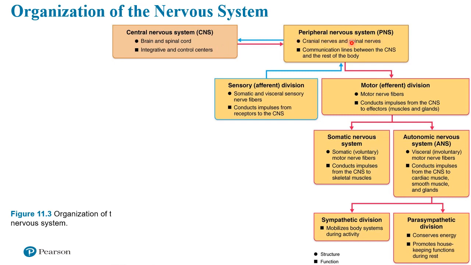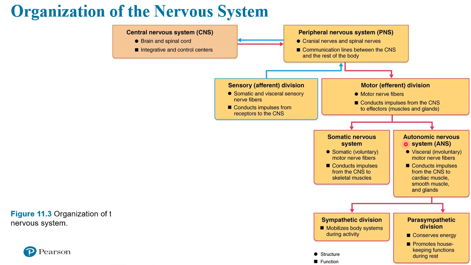And those are going to communicate the signals from the CNS to the rest of the body. Okay. So here, going down the level of communication, you're going to find your motor division, right? So this is the efferent division. And then you're also going to have this division into autonomic or somatic.